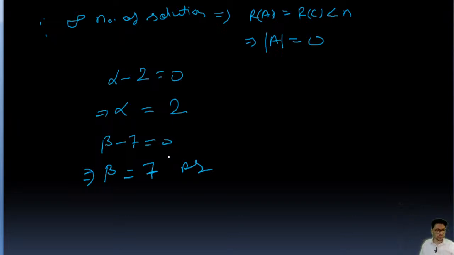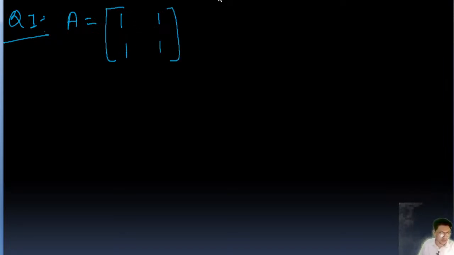Okay, this is one more question. The next question is, this is the last question of the matrix. A is given as 1 1 1 1, and we have to find A to the power 10.